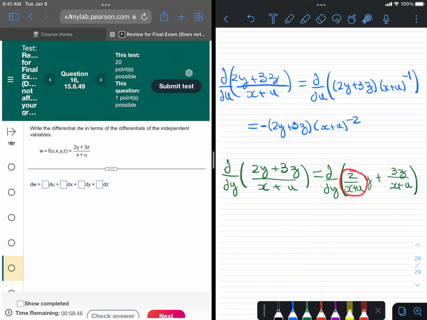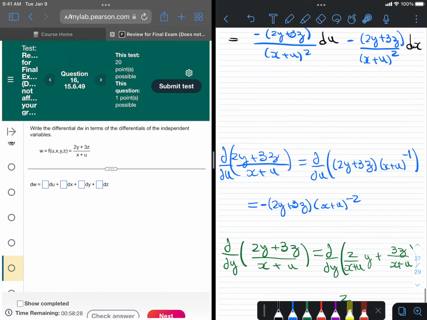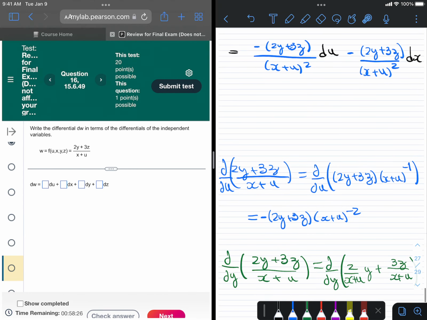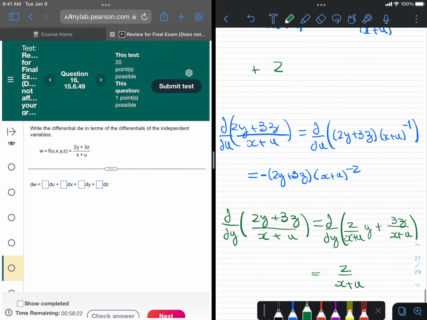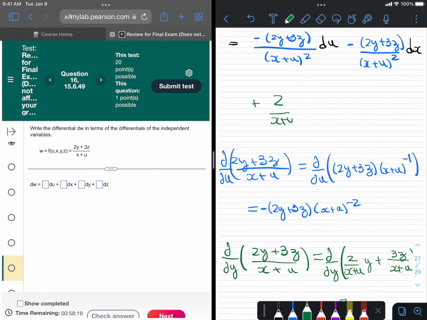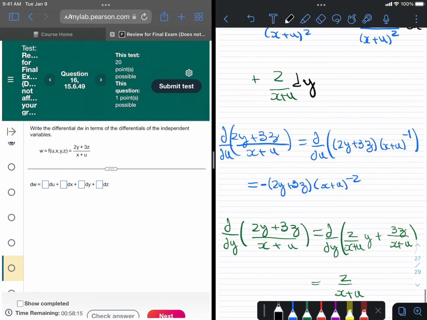This is some constant times y, so the answer is the constant of the derivative. And this is just a constant, there's no y here, so this is just a 0. So that's just the answer. Okay? So the second part there is 2 over x plus u times dy.